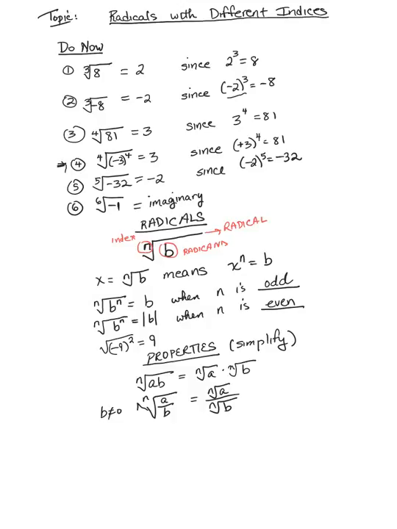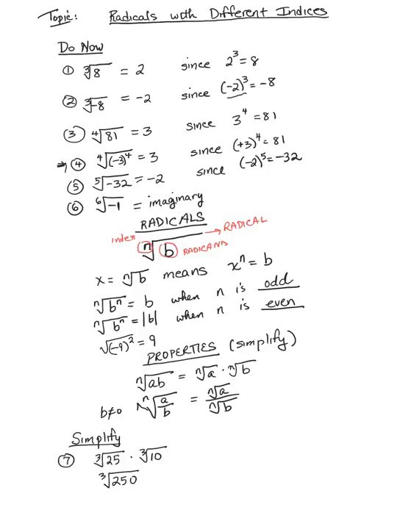Okay, so let's see how we could use these properties. Let's simplify the following. The cubed root of 25 times the cubed root of 10. Well, this can be written as the cubed root of 250 using the product rule.